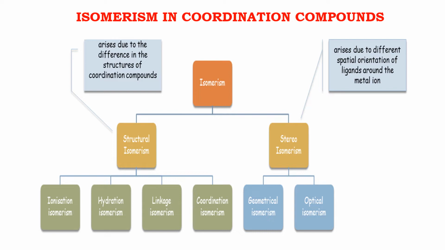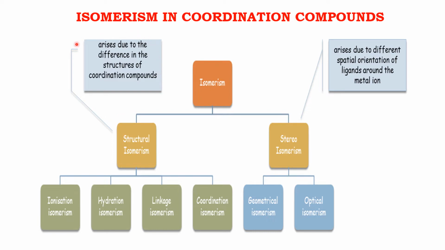In coordination compounds there exist two types of isomerism: structural isomerism and stereoisomerism. We know structural isomerism arises due to differences in the structures of the coordination compounds. That means in structural isomers, the metal ligand bonding will be different.